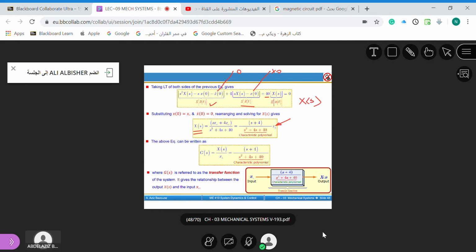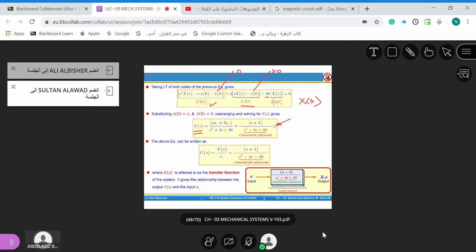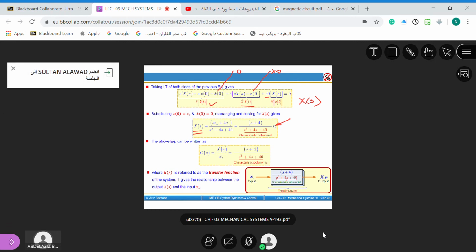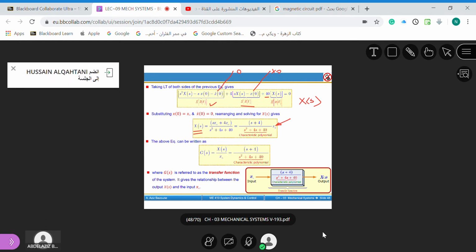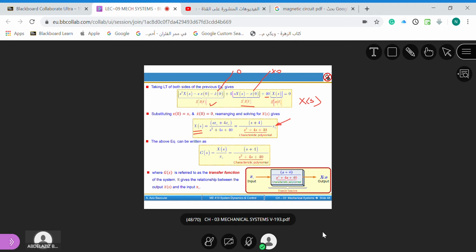We can also write it in the form of output over input. The output is x of s, which we are looking for, and the input is x0. We find it to be s plus 4 over s squared plus 4s plus 40. In system dynamics and control, we can represent it by this block diagram, where on the right-hand side we put the output and on the left-hand side we put the input.